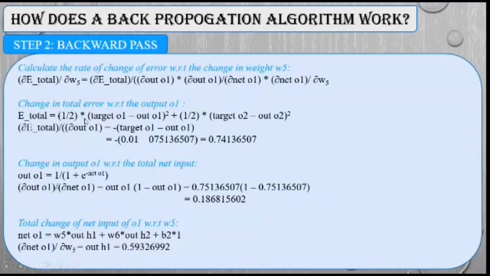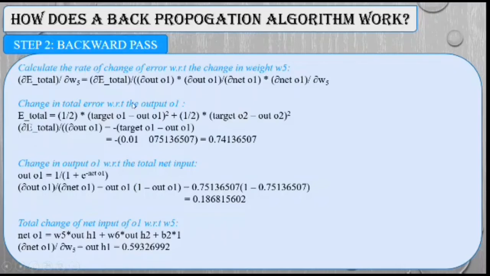E total is the value we saw before: half into (target O1 minus out O1) whole square plus half into (target O2 minus out O2) whole square. Since we are differentiating with respect to out O1, the second term becomes constant and its derivative is 0.